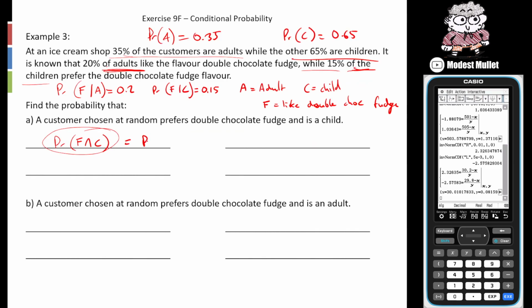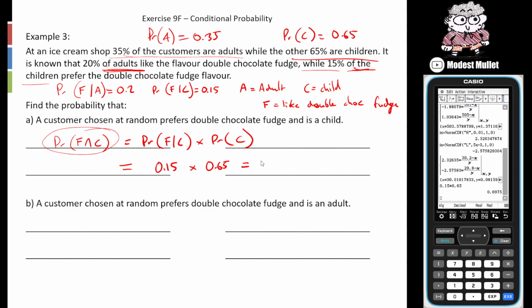So this is equal to the probability of fudge given they're a child times by the probability they are a child. That is 0.15 times by 0.65. Using our calculator, 0.15 times by 0.65 is 0.0975, which as a percentage is 9.75%.